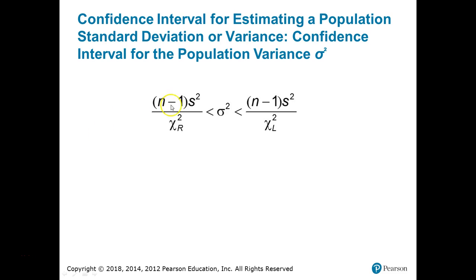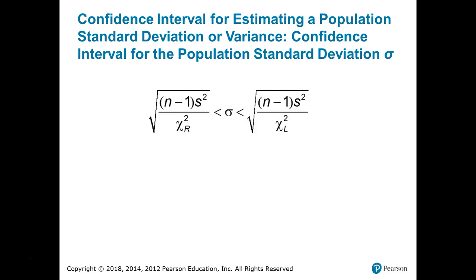So we have n minus 1 times the sample variance, s squared, divided by chi R squared, which is less than the actual population variance, which is bounded to the right by n minus 1 times s squared divided by chi L squared. So we're saying that the actual population variance is bounded by here to the left and here to the right.